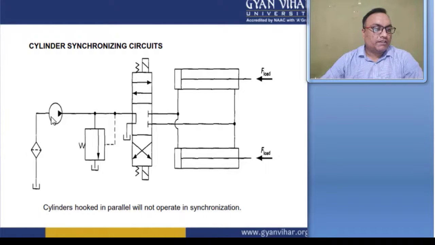For this case, first we start this pump. If the pump is started, it creates pressure and pushes the hydraulic fluid into the hydraulic circuit lines, and this goes to this side. If this direction control valve is actuated, the direction control valve moves in the down direction.